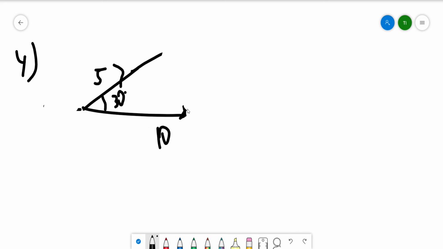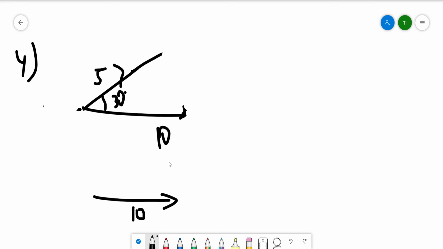So what you do in resolution of forces is you firstly check which forces are perfectly horizontal and vertical. So over here, 10 newtons is perfectly horizontal, so we just leave it as it is.